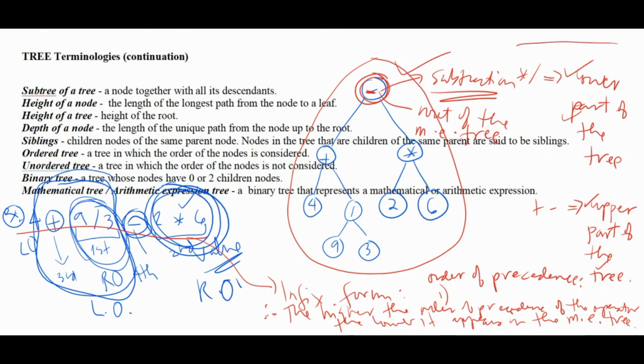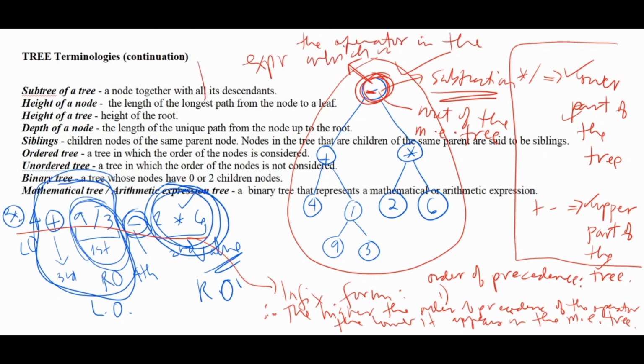From the principle of order of precedence of the operators, again, remember that those operators which are performed last appear on the upper part of the tree. So the root node of the mathematical tree is the operator in the expression which is performed last. So the operator that is performed last in the mathematical expression becomes the root node of the mathematical expression tree.